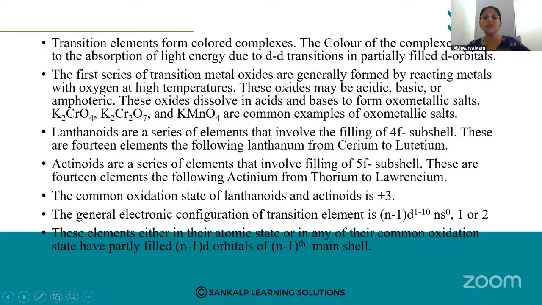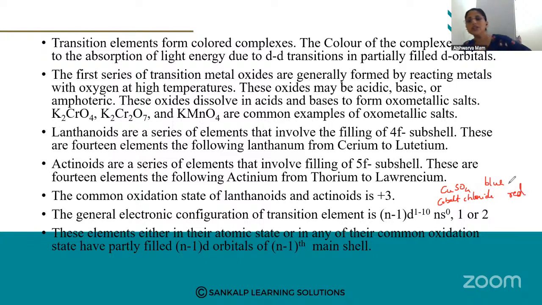If you see copper sulfate solution, copper is a transition element, right? Copper sulfate solution is blue in color. I hope you all know this. Then if you look at cobalt chloride solution, it is red in color.